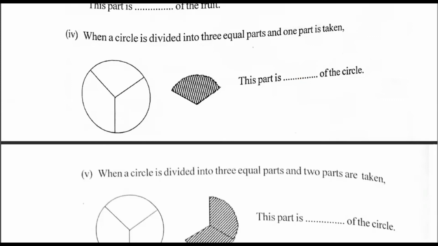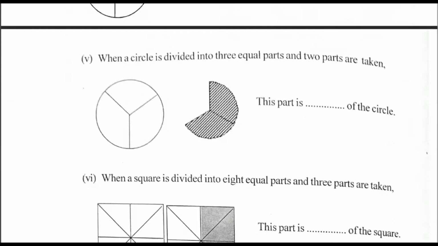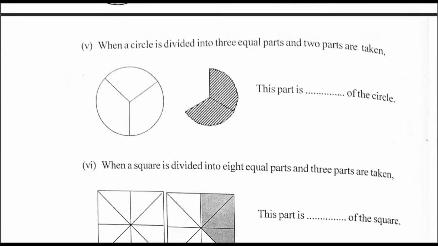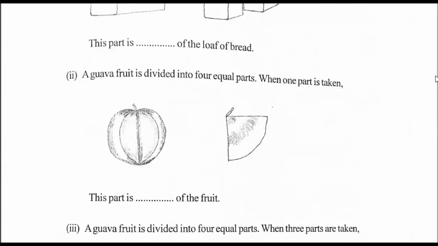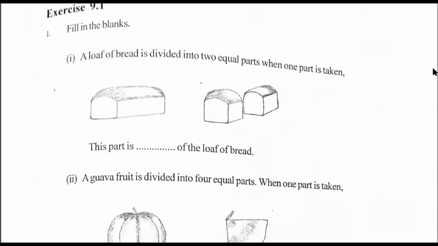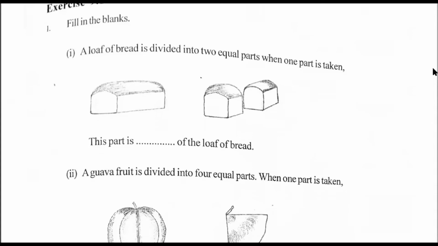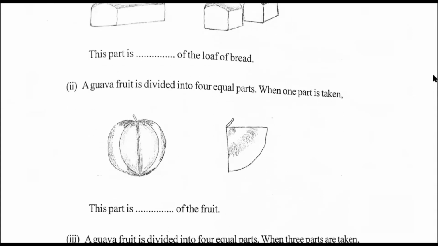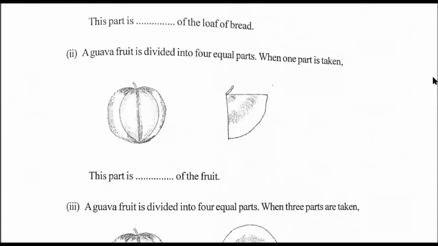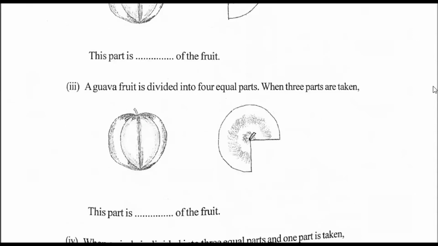Excuse me sir. Sir, can you tell the answers of 1, 2, 3 again please? Okay. First one, it is 1 over 2, or else half. Second one, 1 over 4, or else 1/4, or else quarter.